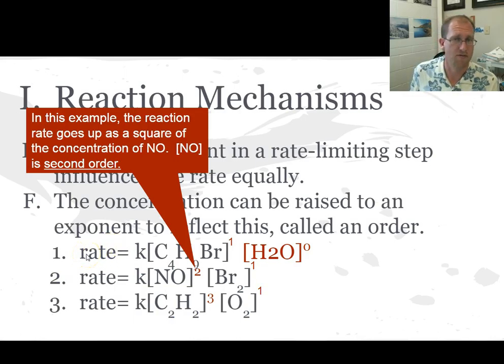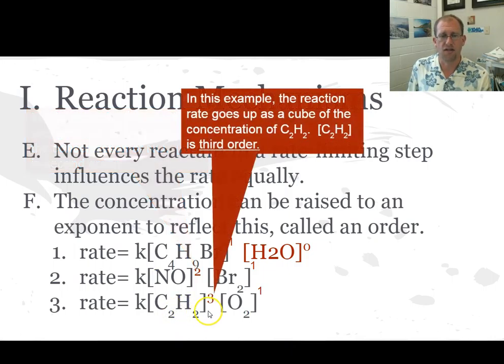It goes 4 times faster if I double the concentration. There are such things as third-order reactions. There are fourth-order and fifth-order reactions. And generally speaking, the larger this is, the more important that reactant is to the overall rate of reaction. So the powers, the orders of reaction in the chemistry terms, control how much that concentration influences the reaction rate.